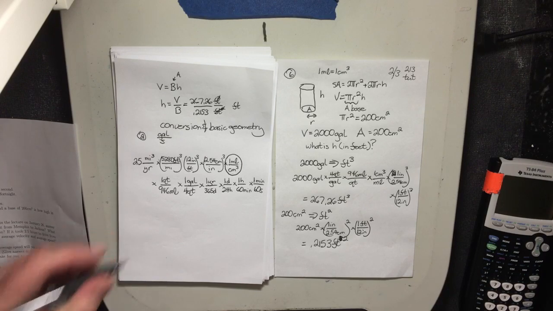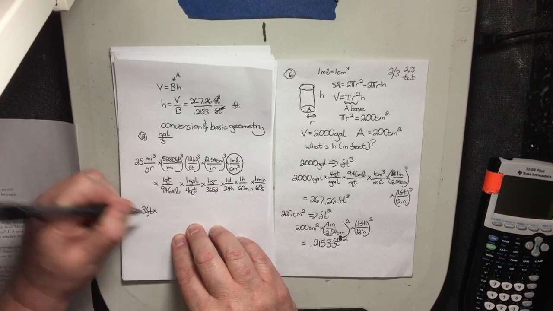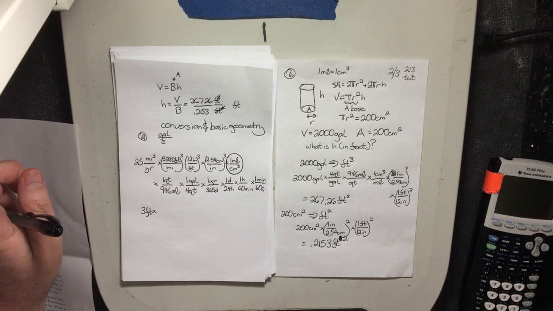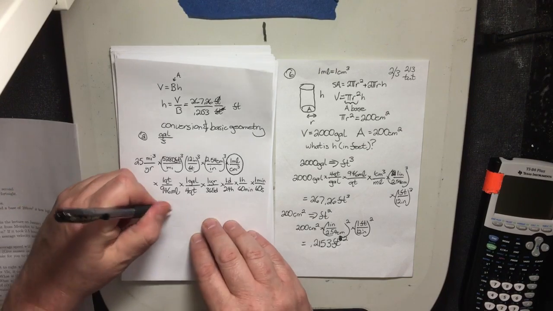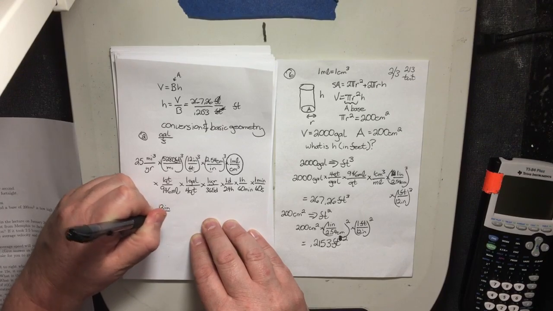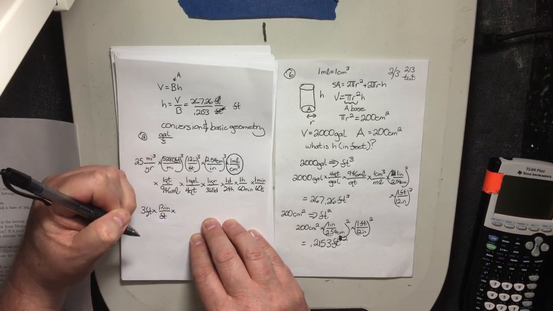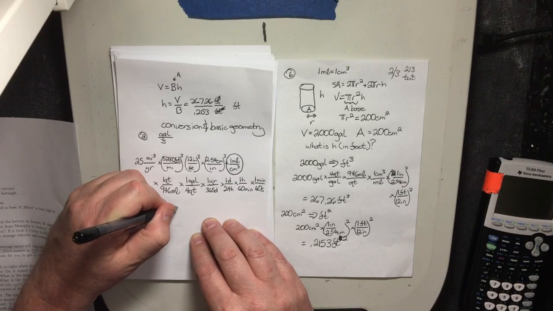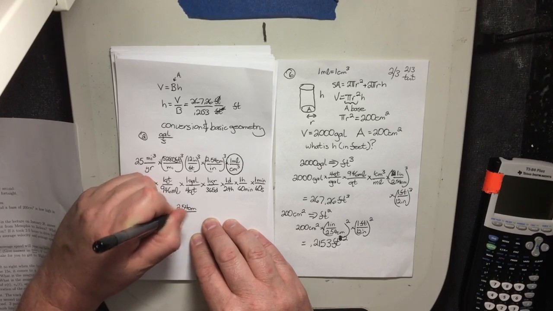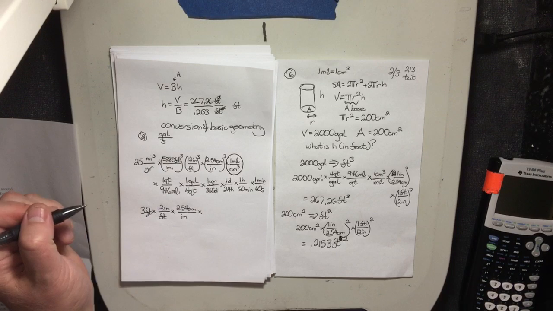Number 1. All right. So 3 feet. We're dealing with an imperial unit and we're ending up with a metric unit. So feet to inches. Now comes the metric imperial conversion, 2.54 centimeters per inch. Now what I do is I'm going to convert it into meters.